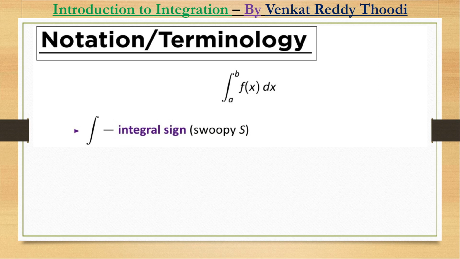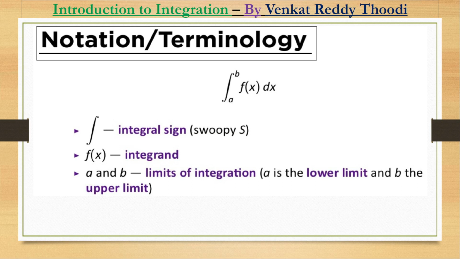As we said, integration is nothing but a sum of quantities. Sum means S, and if you elongate S, it becomes the swoopy S, the sign of integral. Here f of x is the integrand, which is what we are going to find.